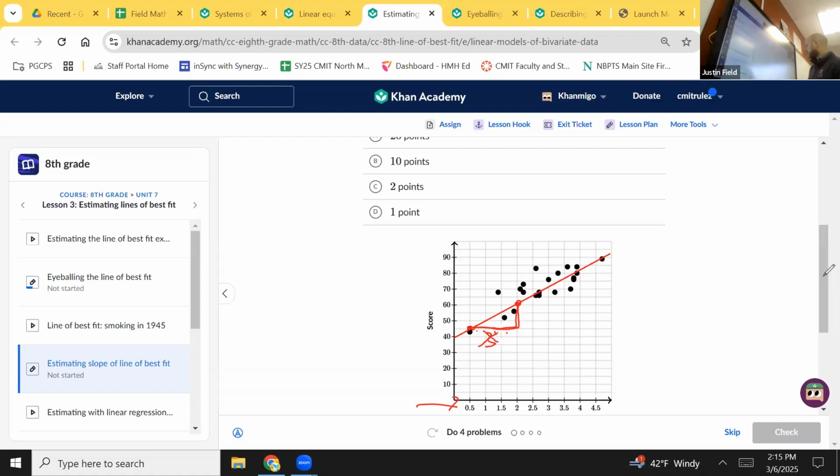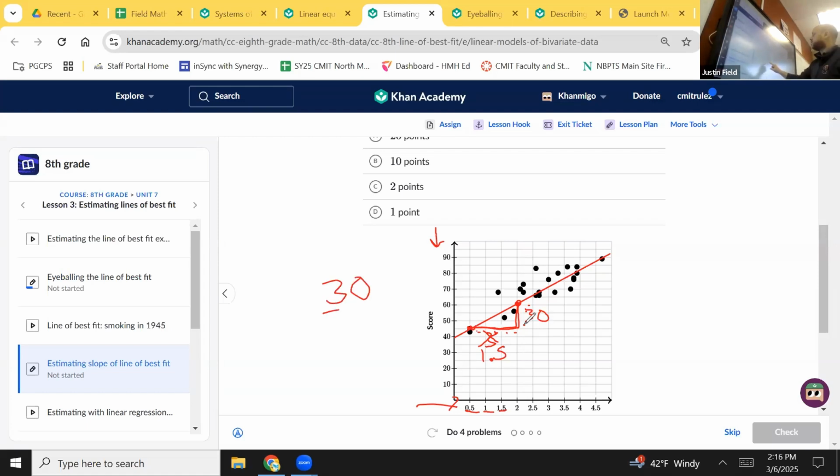So even though it's 3, it's actually 1.5. And on the y-axis, they're counting by 10s. So how many boxes? 1, 2, 3 also, but that's by 10, so that's 30. Okay, so be real careful on this one. That's all I can tell you.